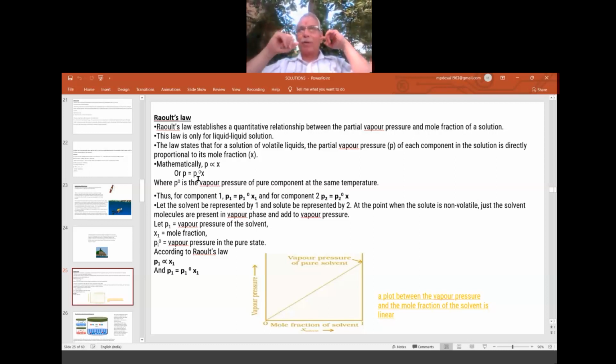Here I have taken only petrol. But when you take petrol and water together, both evaporate. Depending upon the nature, water evaporates less and petrol evaporates more. So in the mixture, on the top, we will have both vapors. Whether the pressure is becoming more or less, you can measure easily by knowing the vapor pressure of the pure component.